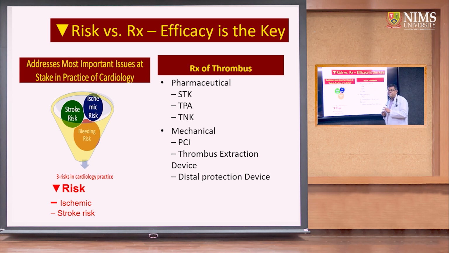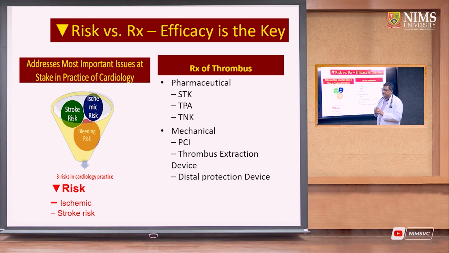Now the second kind of risk is interesting, and that is the venous risk. Wherever there is vein, there is risk of formation of a clot, and once the clot forms in the vein, that clot can go from right side to left side, and from left side it can go into brain. So that is the stroke risk.